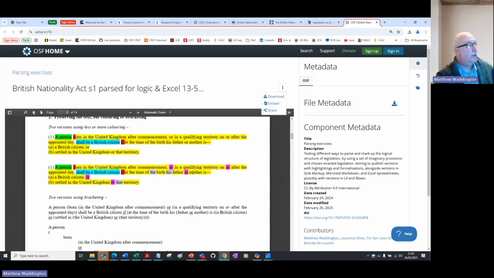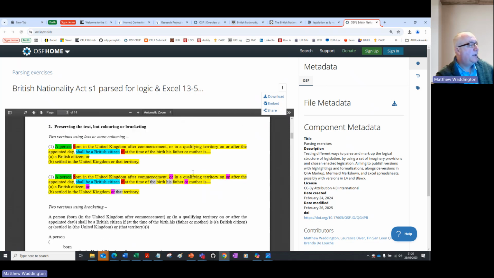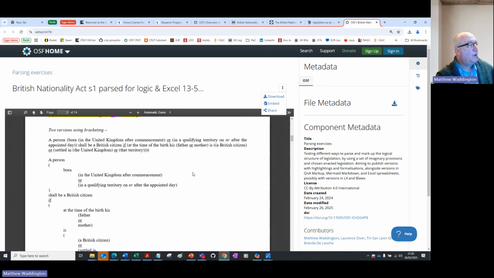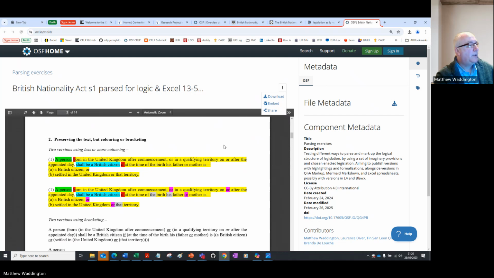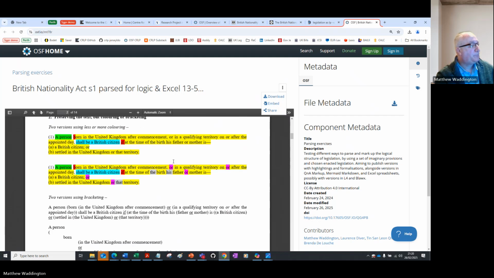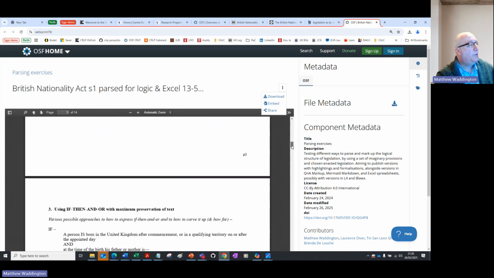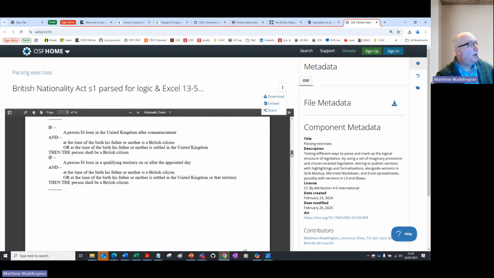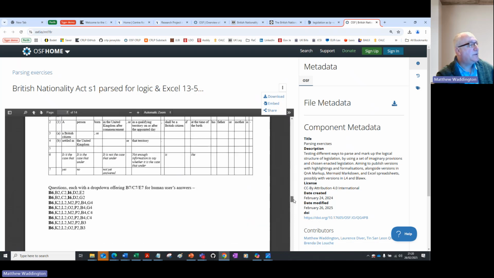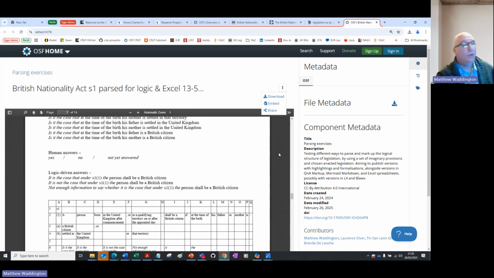So we've tried coloured highlighting, for instance, but then we've tried different ways of representing the logical structure. So this is the provision as it is today, where it mentions qualifying territories. From that, we've gone on to do various things, such as turning it into an Excel program, which I'll show you in a minute.